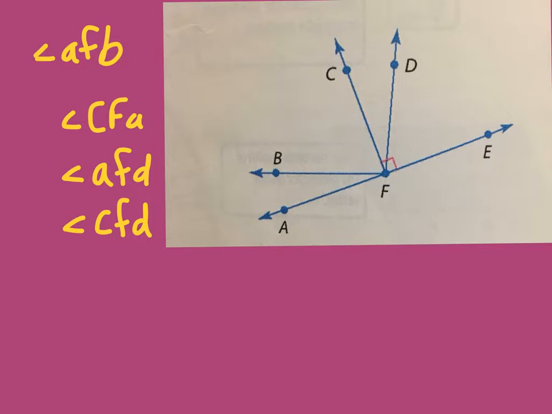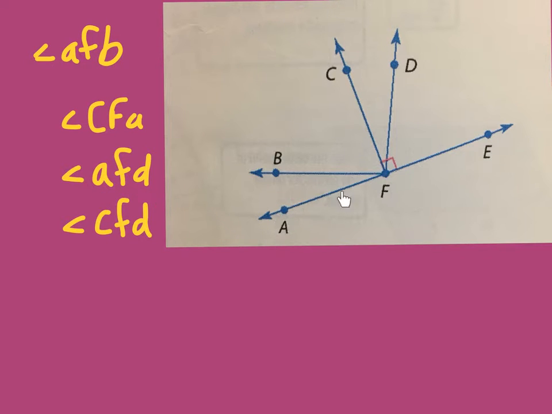Maybe you got confused on this one because there is no right angle sign, but you could have figured it out because look, AF and FE are opposite rays. A straight line is 180 degrees. CFE is a right angle, so the other side, AFC, also has to be a right angle. So CFA, AFC, however it's named, is a right angle.